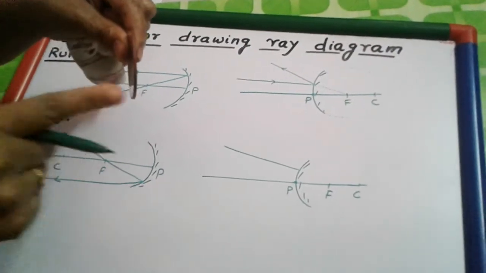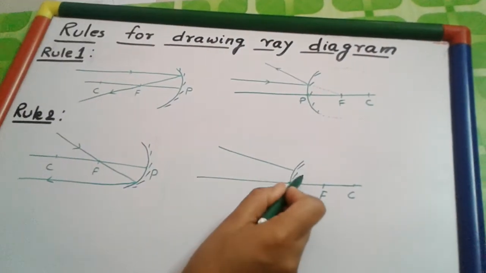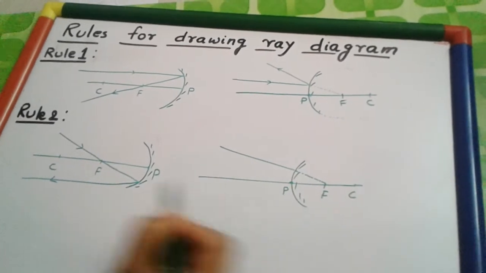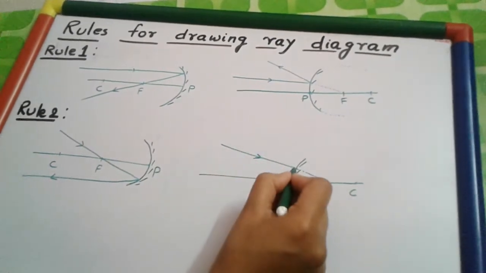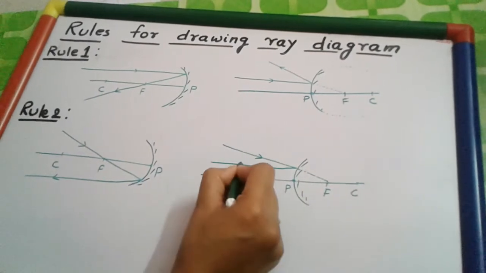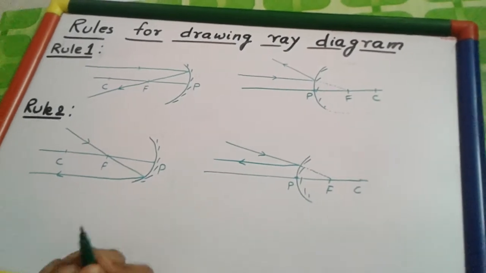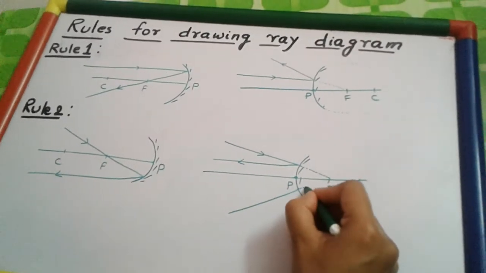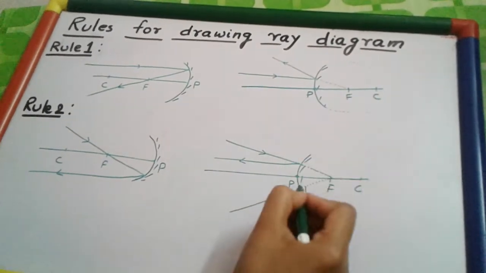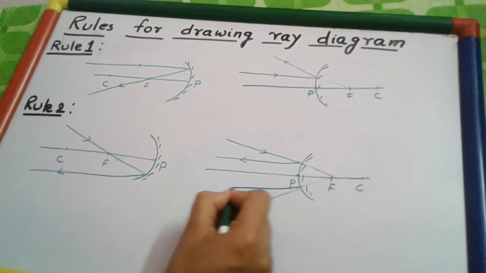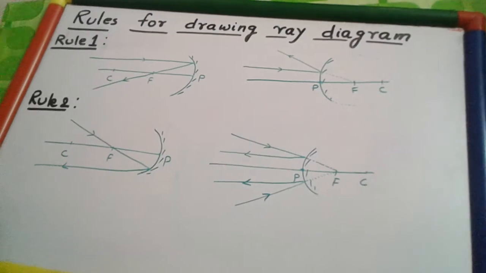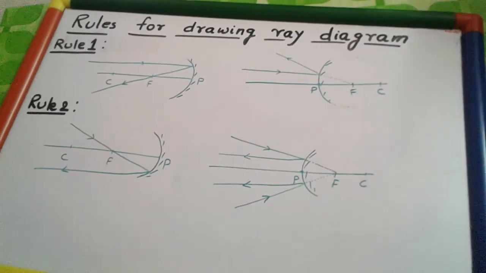The ray cannot penetrate through this opaque surface. But we assume that if it is going toward the focus, then after the reflection, it becomes parallel to the principal axis. This is how it is going to behave. Or if it is coming like this from the bottom, that means if you proceed, it should meet at the focus. In that condition, it will become parallel to the principal axis, right? So this is the second rule, rule number 2.